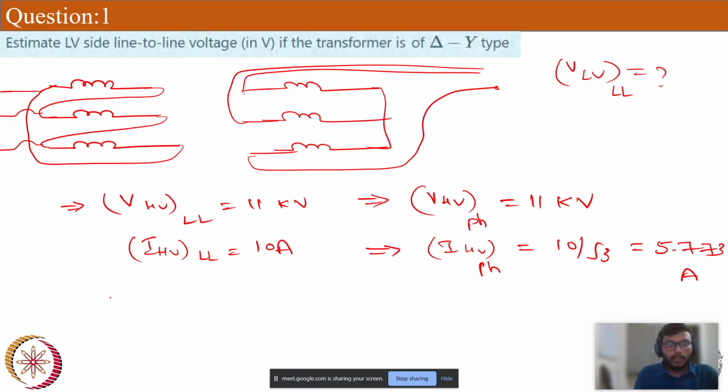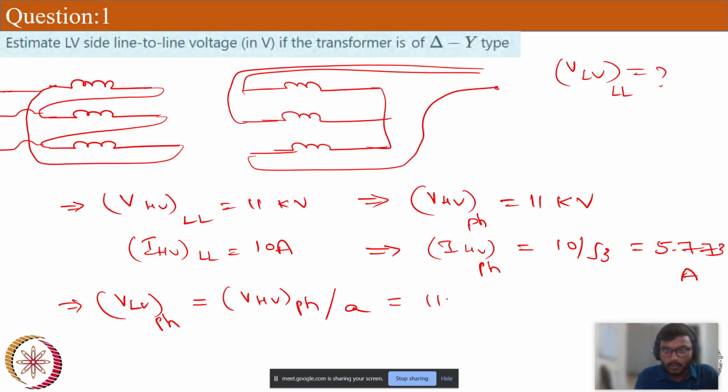Okay. So what was asked? LV side line to line voltage, right? So LV side phase voltage, let's calculate that first, is equal to HV side phase voltage divided by turns ratio. That's the transformer principle. So 11 kV divided by 10. How much is it? It's 1100 volts.